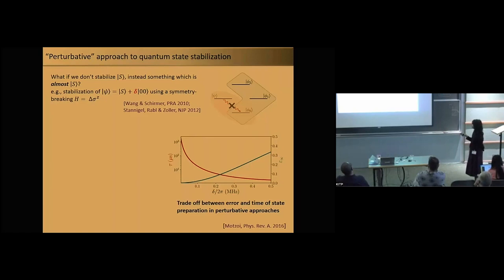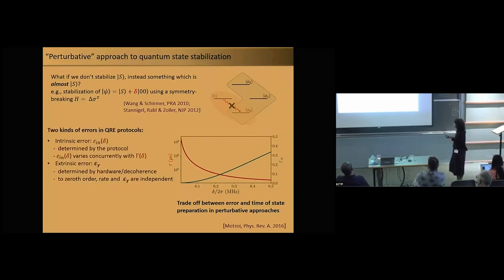So the time it takes to stabilize an entangled state and the error in that entangled state are anti-correlated. Either you can do a very high fidelity stabilization where it takes very long, or you can do a very fast stabilization where the stabilization fidelity is very low.